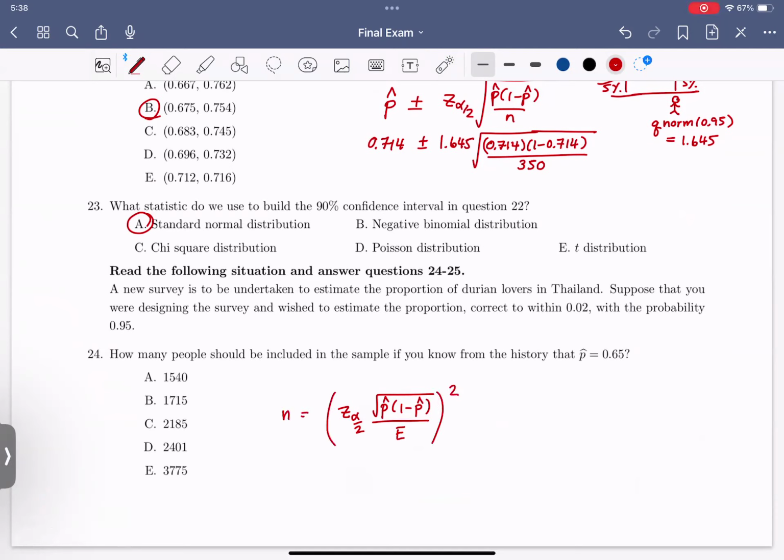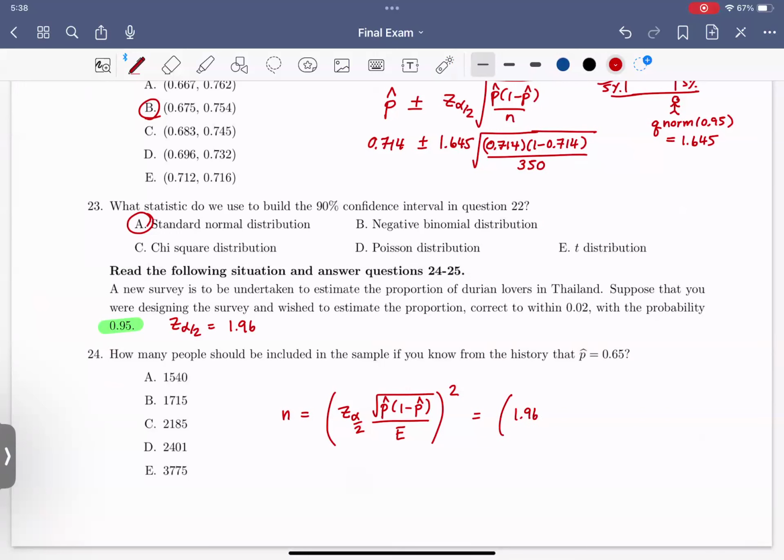Then you get an n, and be sure to round up the number after you complete the calculation. C alpha over 2 here is because you actually want the confidence to be 0.95, so that means C alpha over 2 is gonna be 1.96. It's a Q norm of 0.975.